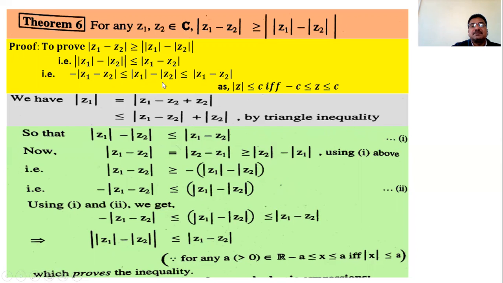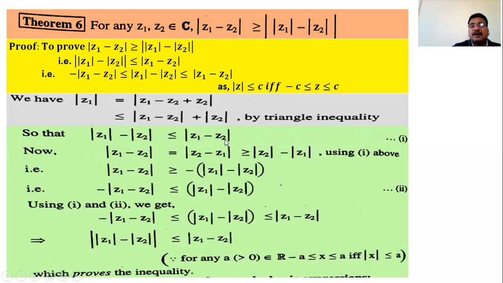Then we have to show this part. Start with |Z1 − Z2|. This is |Z2 − Z1|, because the modulus of Z and the modulus of −Z are the same. So |Z1 − Z2| and |Z2 − Z1| are the same. And this is greater than or equal to |Z2| − |Z1| by using 1.